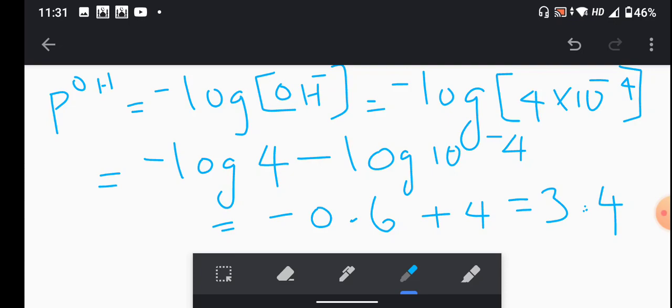From pOH we have to calculate pH. Just before I showed that pH plus pOH is 14.